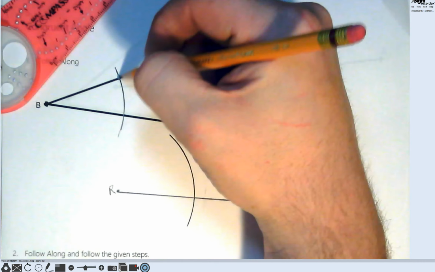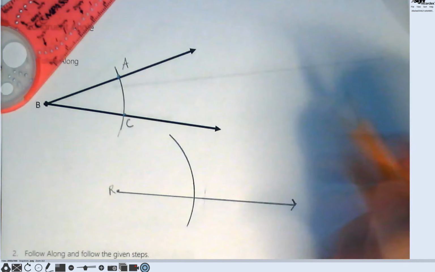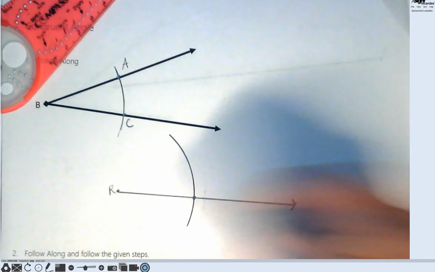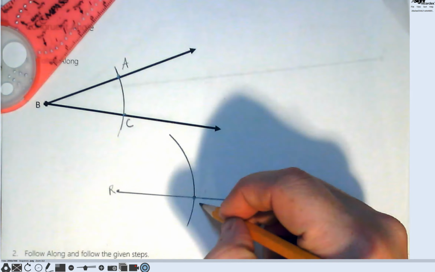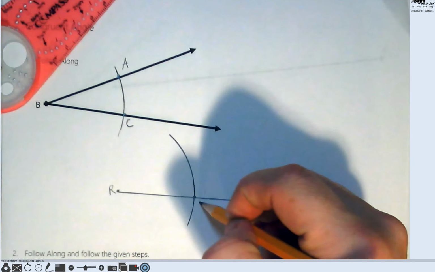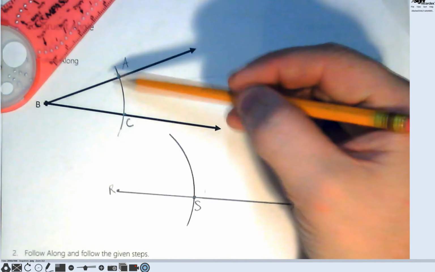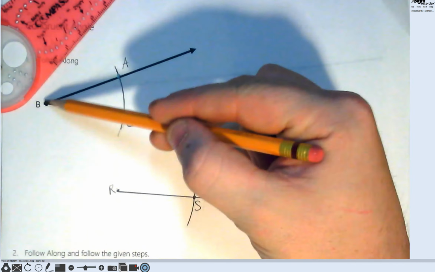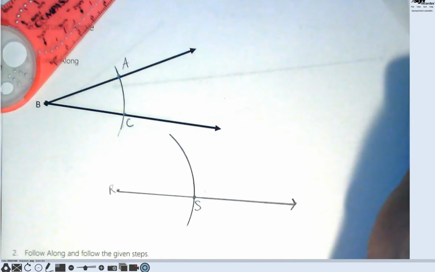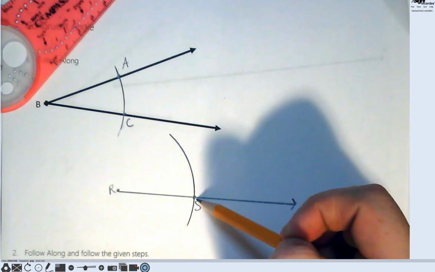We'll call this point A, and I'll call that point C. And then this point down here, let's call it S actually. So now we have an arc here and an arc that's the same distance from R as B is to A and to C. So now we've got this congruent distance.